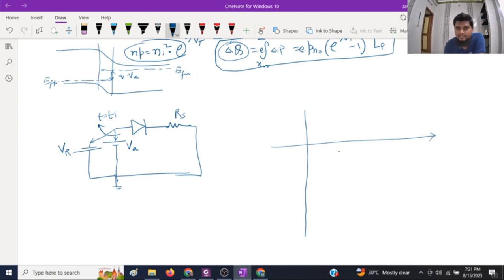So this has happened at t equal to T1. Earlier the applied voltage was plus VA, now the applied voltage is minus VR. On the time diagram, this is the applied bias to the circuit.